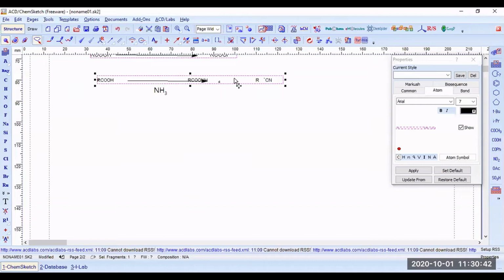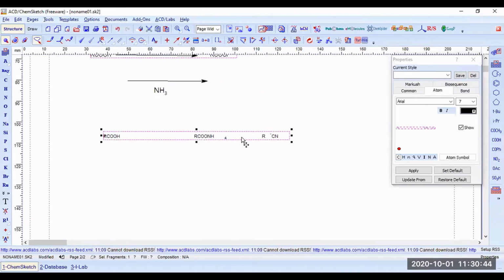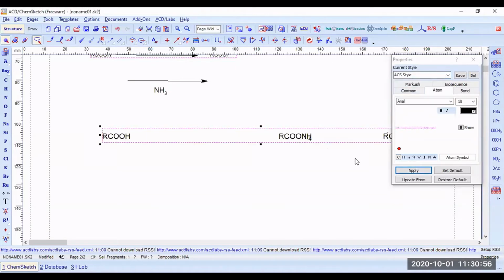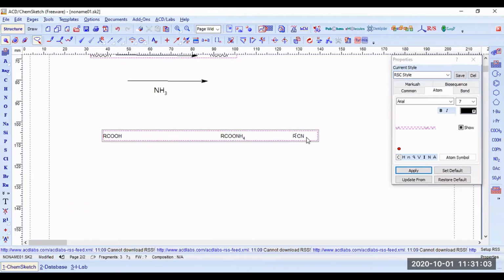wait for this thing just. This is the reaction. In presence of ammonia, carboxylic acid will form the ammonium salt.